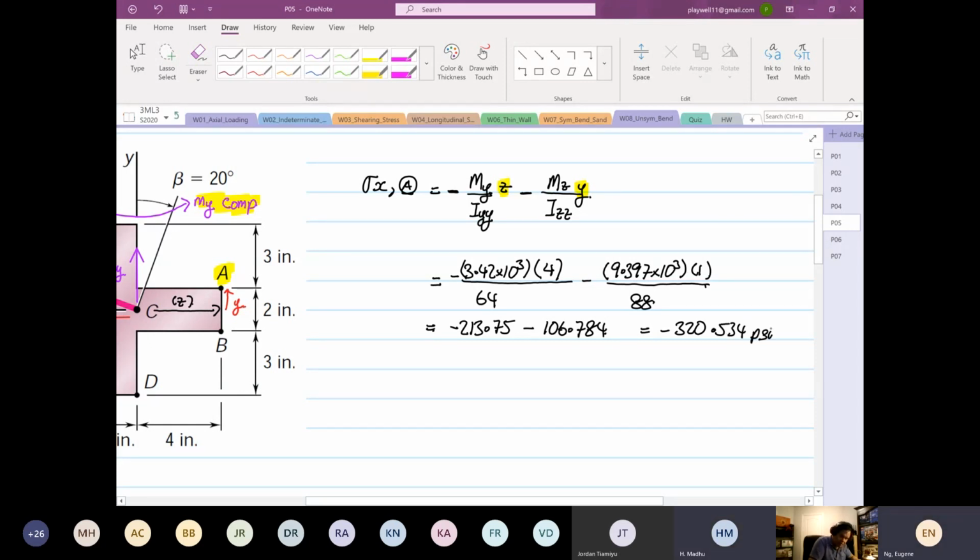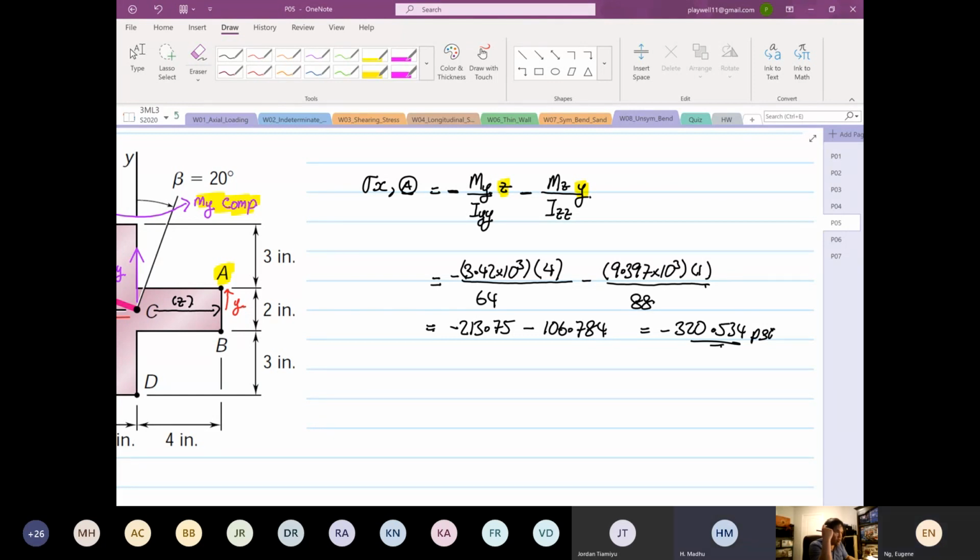Why is the y direction pointing upwards towards A? Should it be going downwards? I was asking the y direction for Mz.